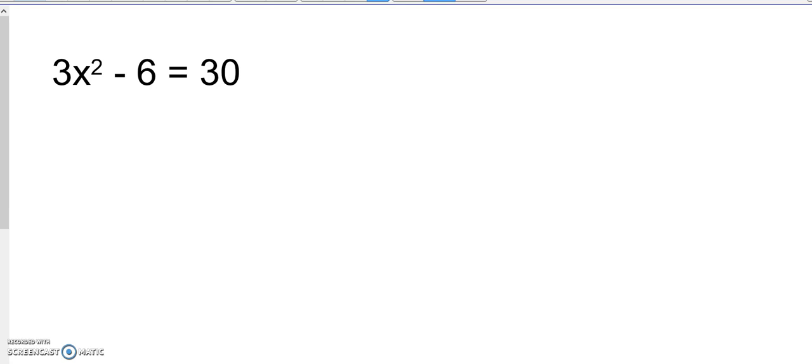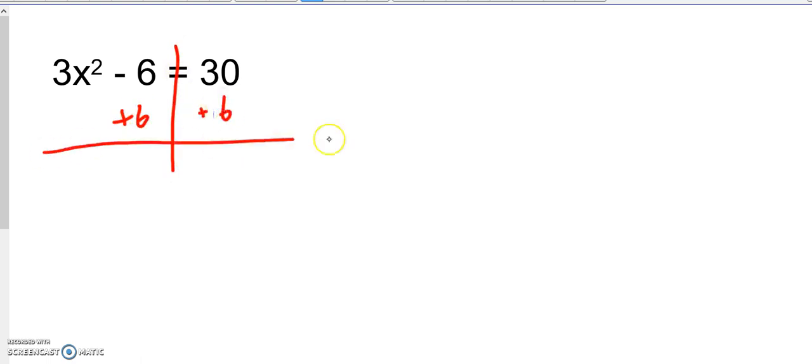We'll be doing all square root methods in this particular video. So this one is very similar. The only difference is we're going to get something that isn't quite as nice as the first one. So we get 3x squared equals 36, and then we divide both sides by 3.